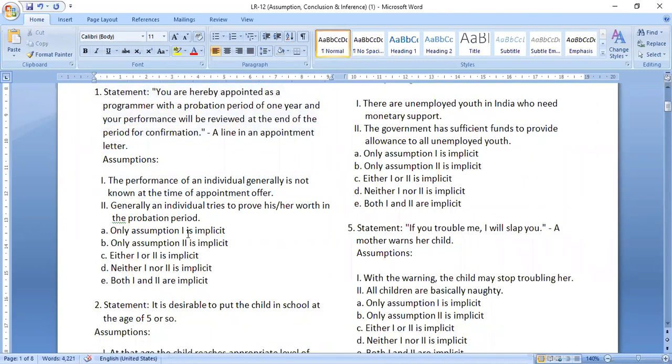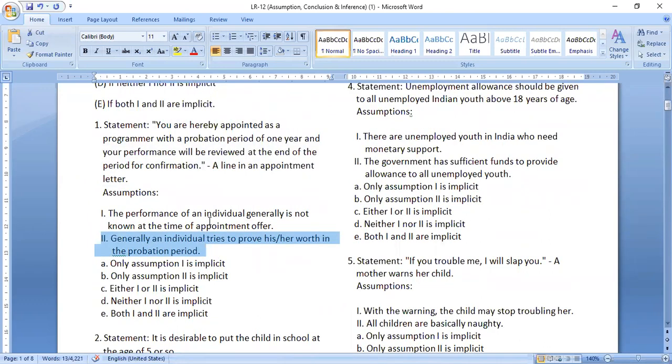How about this? Generally, an individual tries to prove his or her worth in the probation period. Is that implicit? Yes, sir. I don't think so, sir. If it's not implicit, then look at the statement. It says, you are hereby appointed as a programmer with a probation period of 1 year, and your performance will be reviewed at the end of the period of confirmation.